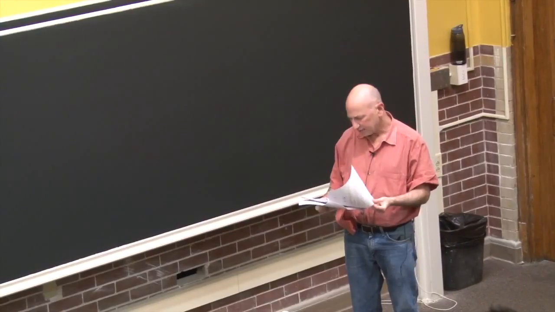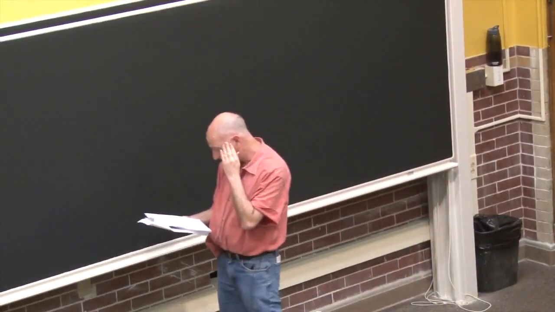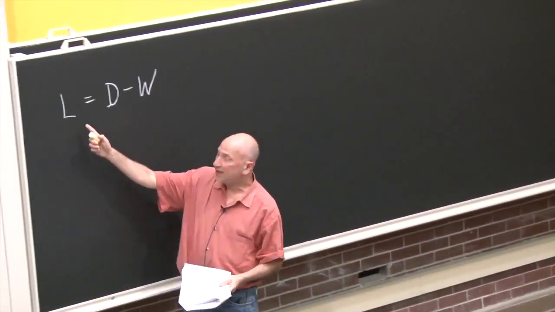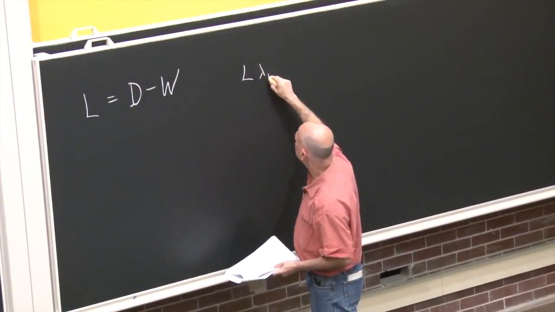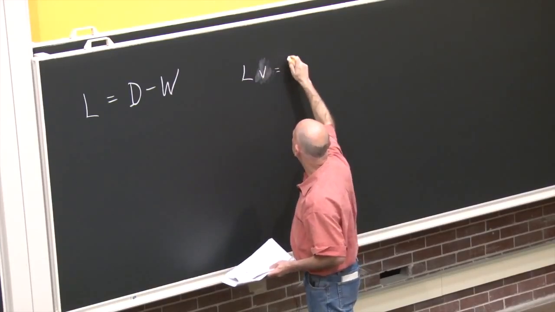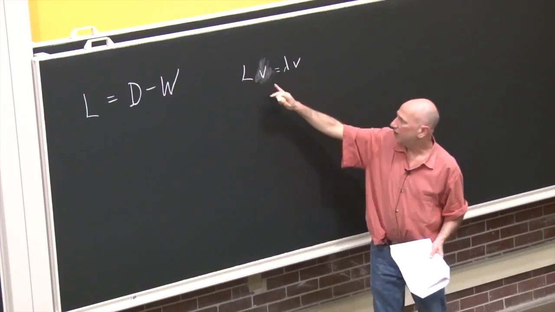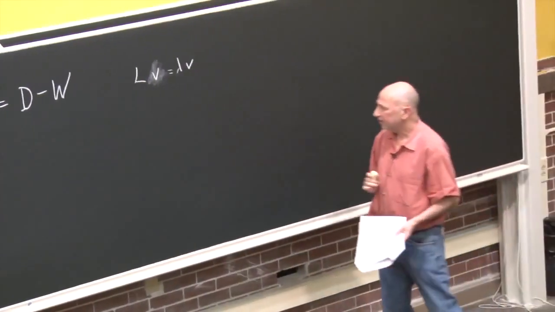First of all, this is an n-by-n matrix, so we can look at the eigenvalues and the eigenvectors. So we're going to look at Lv equals lambda v. This will be an eigenvector with corresponding eigenvalue lambda.